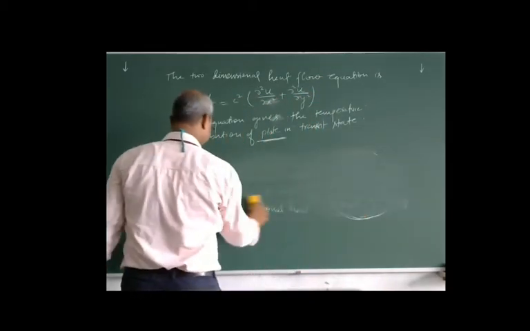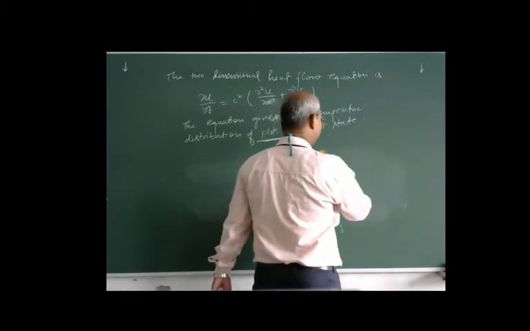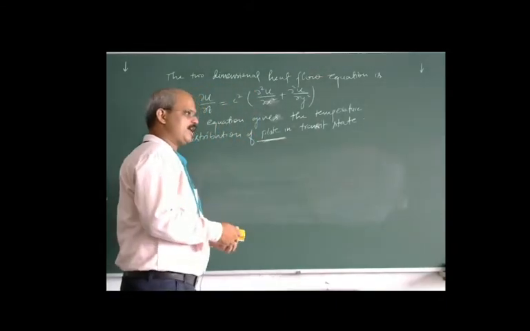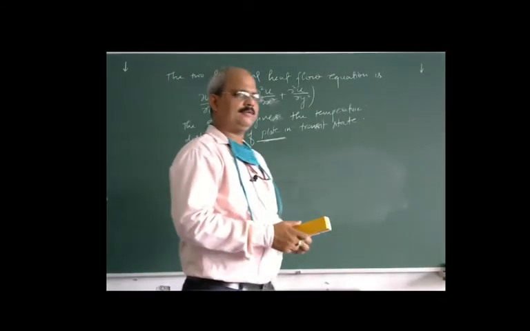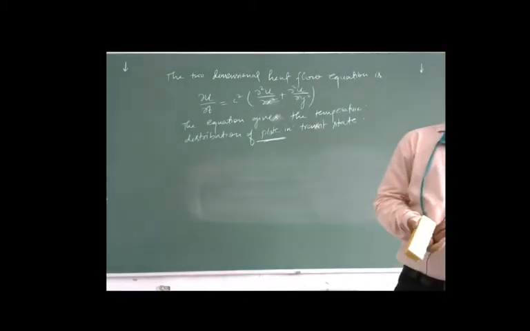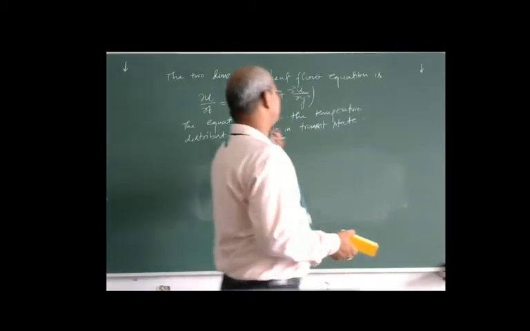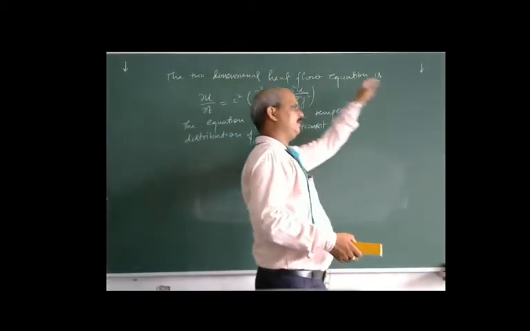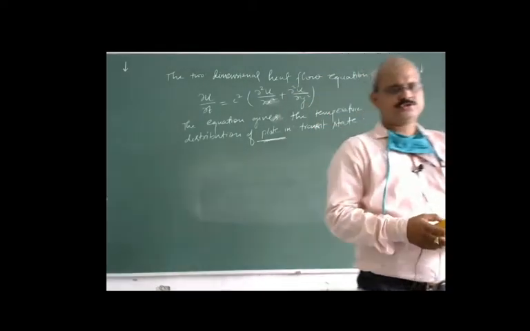We have already discussed the one-dimensional wave equation, one-dimensional heat flow and their solutions also. Today I am going to find the solution of two-dimensional heat flow where a plate is used.